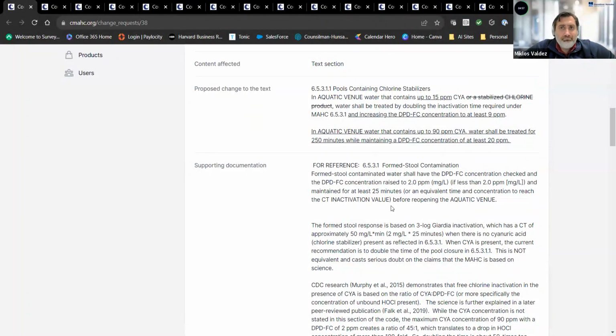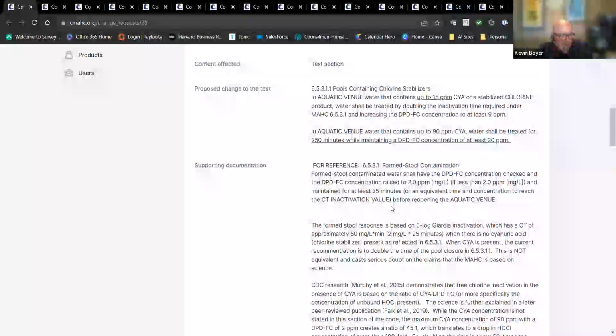I have a question. Yes. And I'm sorry. Does the existing language predate the CDC and the Falk study? Is that why we're doing this update?